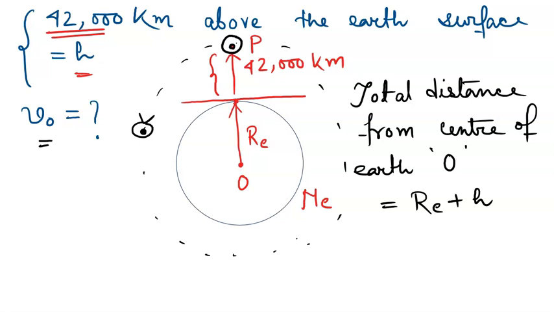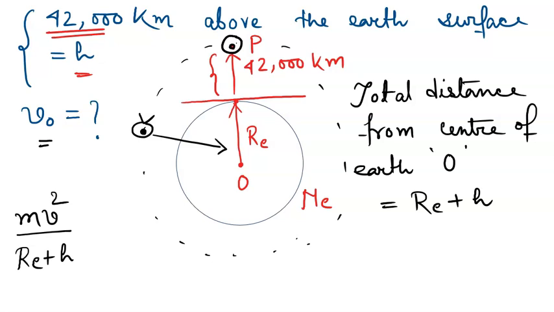The force that will be directed towards the center will be the centripetal force, and it will be equal to m v square by RE plus h, because it will be directed towards the center of the earth. When an object is moving in circular motion around a circle, the centripetal force always acts towards the center of the circle.